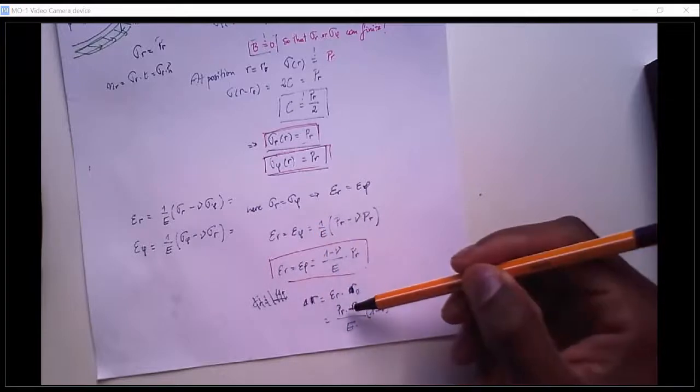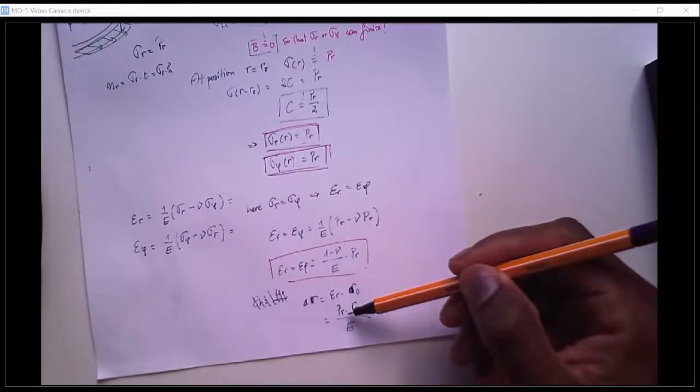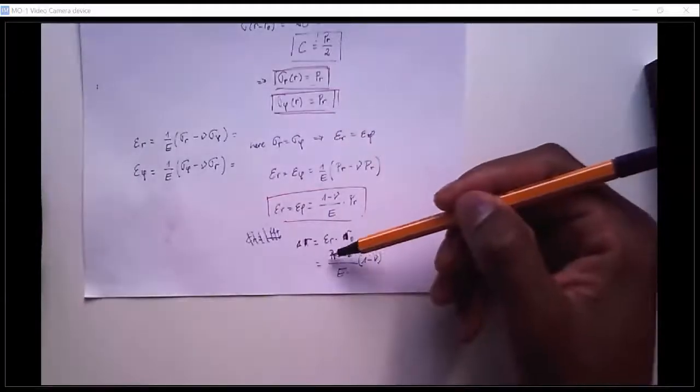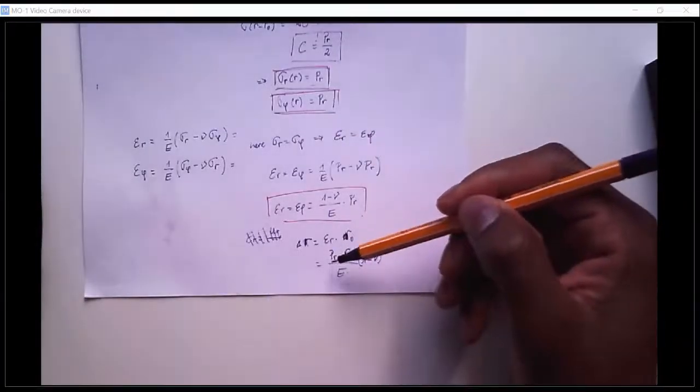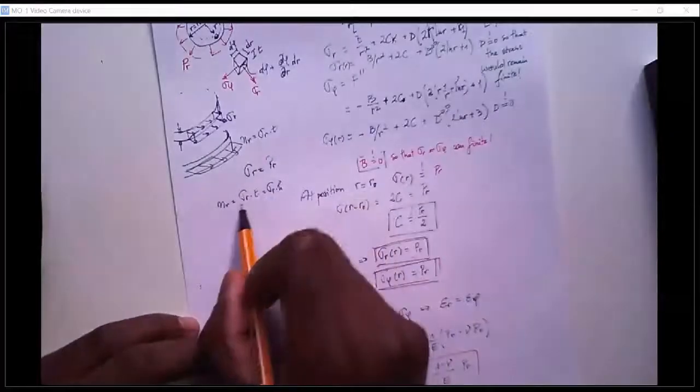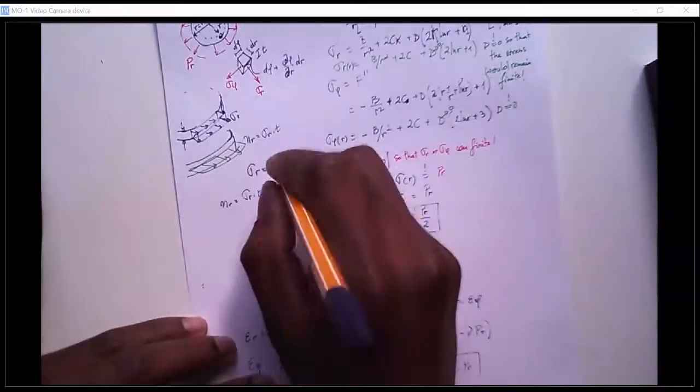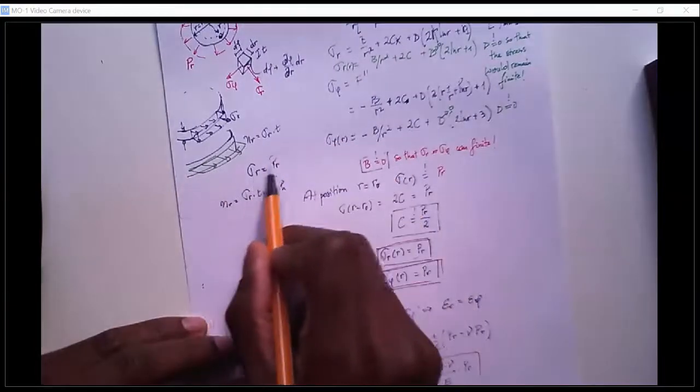Okay, so you have a strain. Wait, am I missing something here? PR. Yeah, exactly. So that's what we have, right? And we figure out the following: sigma R equals PR.